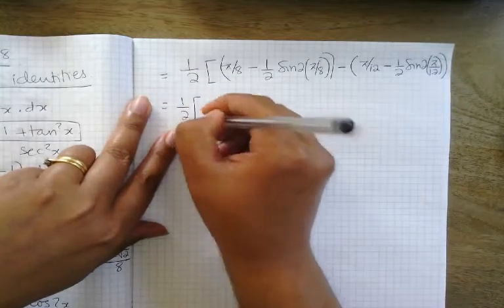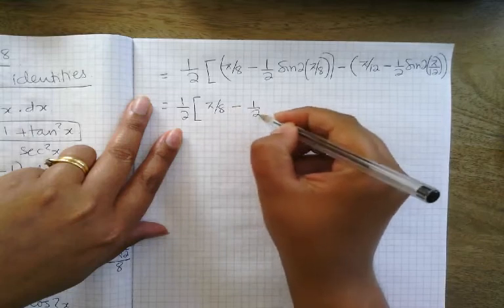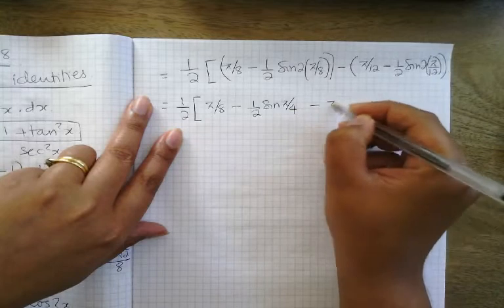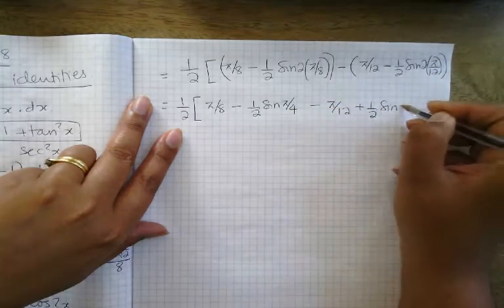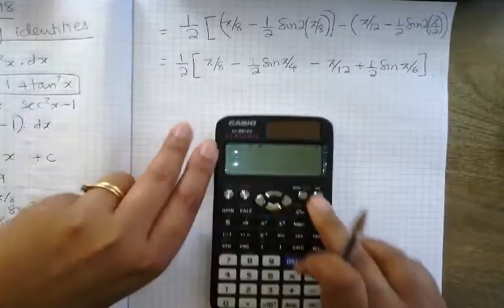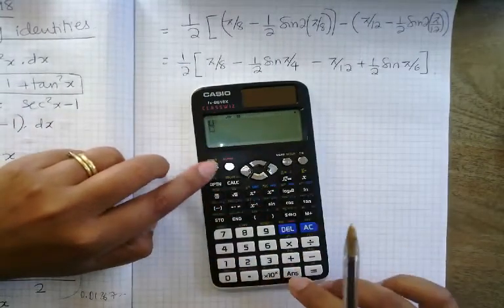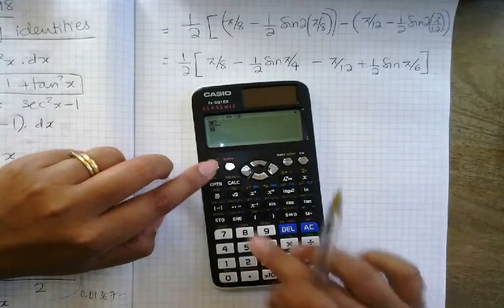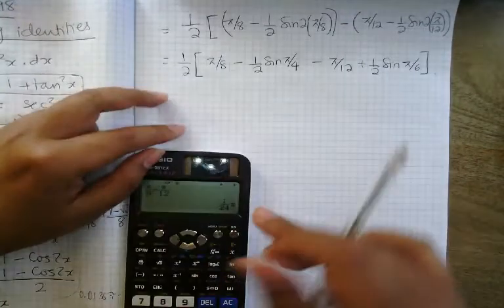I've got the half out, not going to touch that. I've got pi by 8 minus half sine pi by 4 minus pi by 12 plus half sine pi by 6. So pi by 8 minus pi by 12, what is that going to give me? That gives me pi by 24.